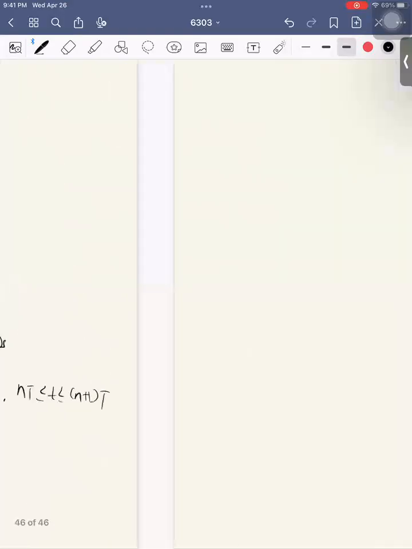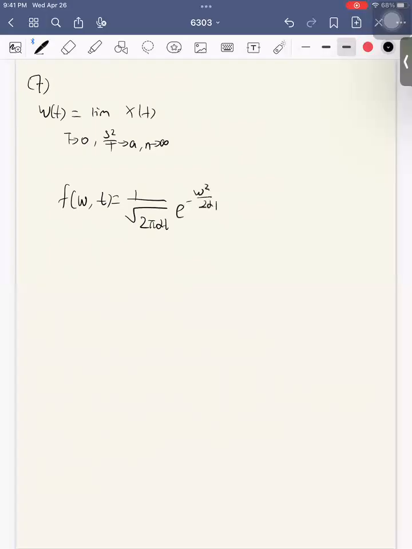Now let's look at the Wiener process. The definition looks like this when we write the equation form, where x(t) is the random walk. The first order density function looks like this part here.